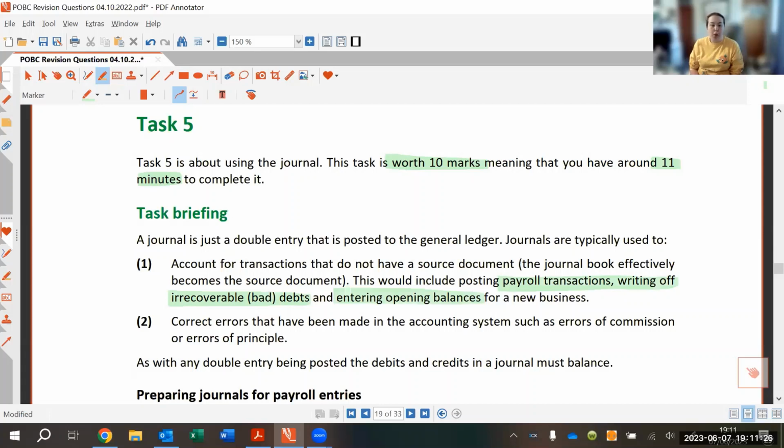It's mainly just knowing what type of accounts the ones that they've given you in the list are, but the debits and the credits balance.